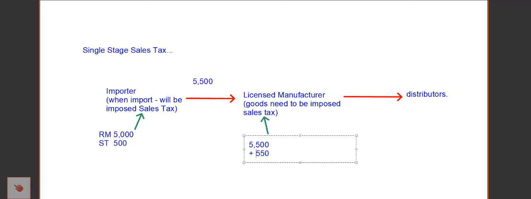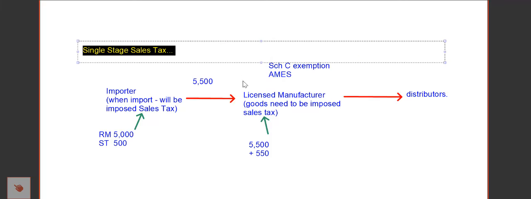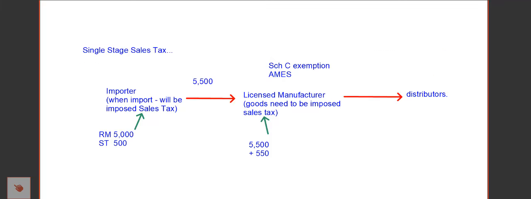So what can I do to avoid that? One example, like we said just now, is the Schedule C exemption, or AMES, the Approved Major Exporter Scheme. The idea is that when the products are sold to you, this person will not impose the sales tax, or when you import the product yourself, you will not be imposed a sales tax.